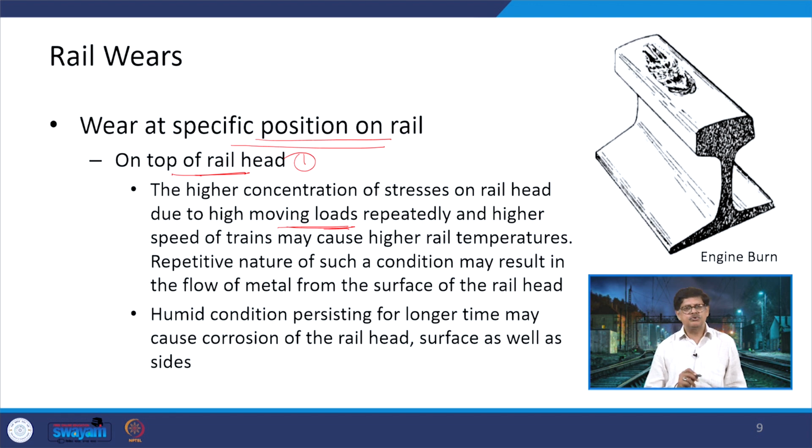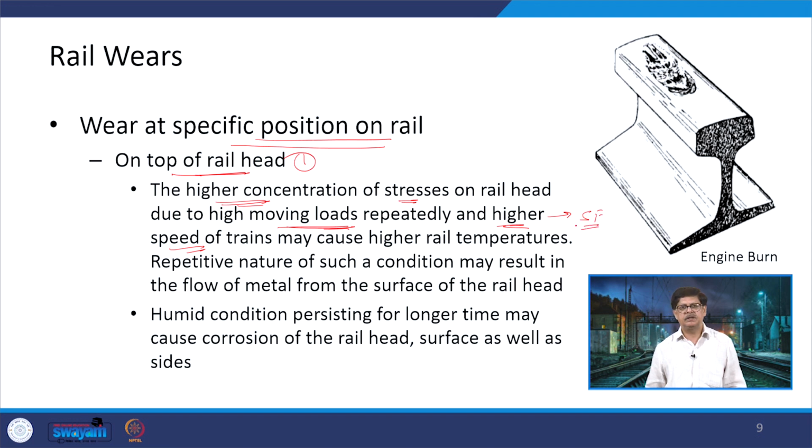So, as the loads are increasing and going beyond 20 tons and more, a high concentration of stresses will be there, and this higher concentration of stresses will get augmented if the train moves at a higher speed. We discussed this particular augmentation, and this augmentation is defined as the speed factor.